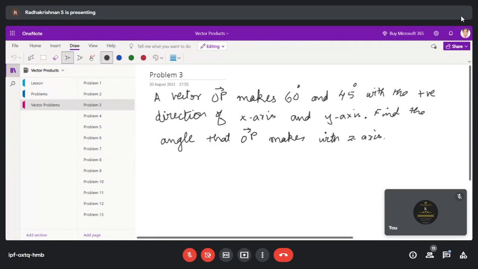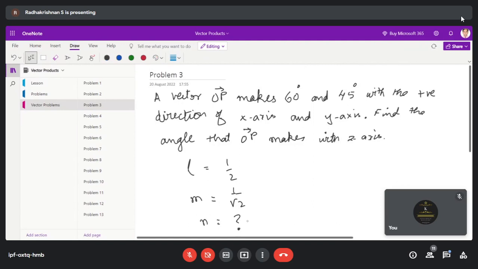So what is the property of direction cosines? Let's say this is L, M and N. We normally call it L, M and N. Here L is given as cos 60, which is half, right? M is given as cos 45, which is 1 by root 2. Clear? So what is N?